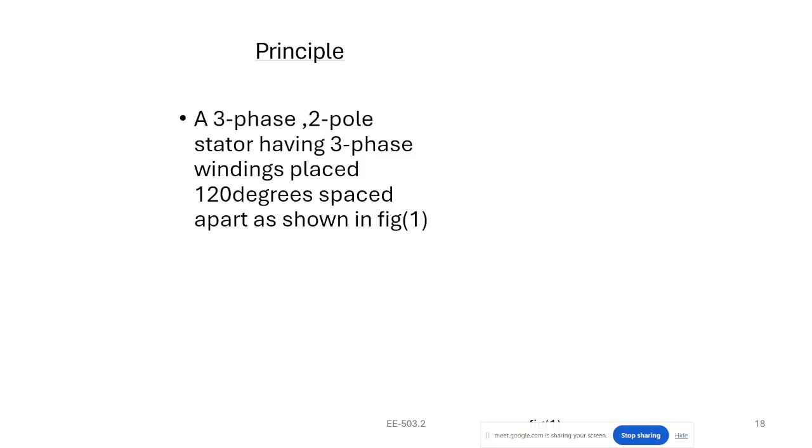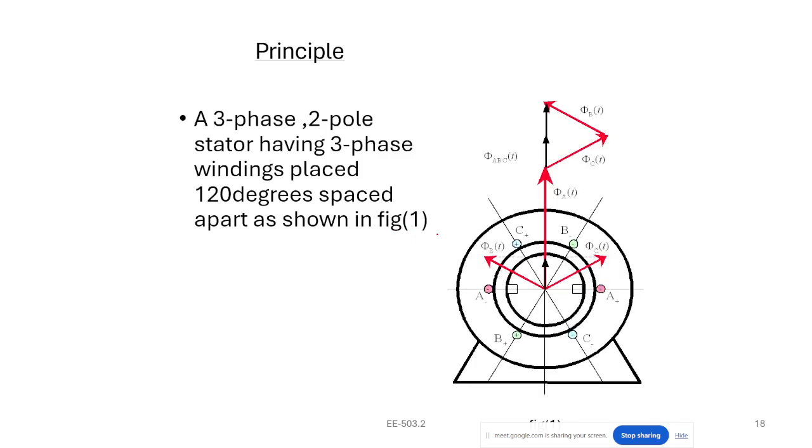So here the principle we can say is a three phase two pole stator having the three phase winding at 120 degree spacing. As we can see, we have the two pole machine, and here one, two, that's the DC supply we are using for the rotor. And here we have the windings A, B, C. The poles we consider are only two poles.